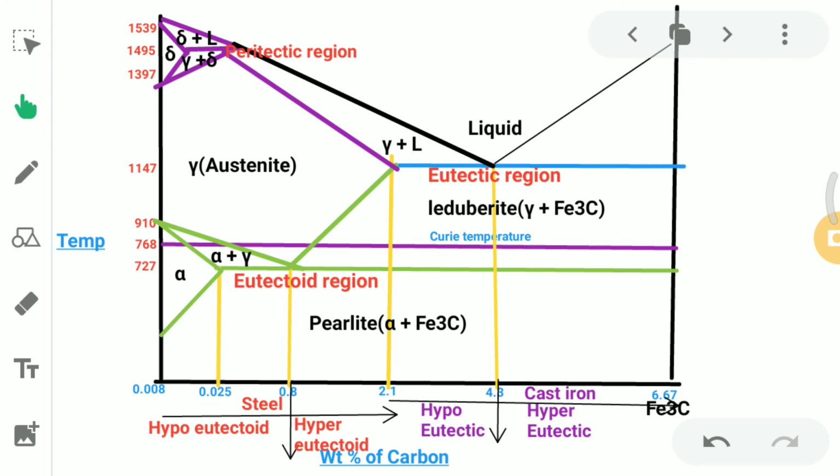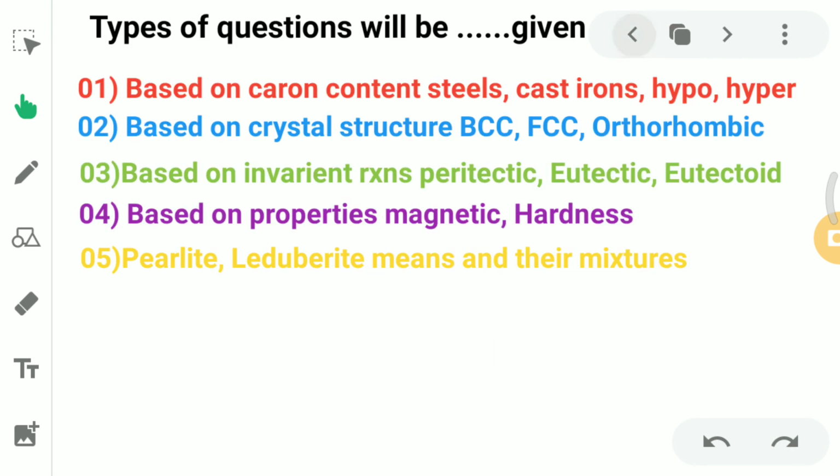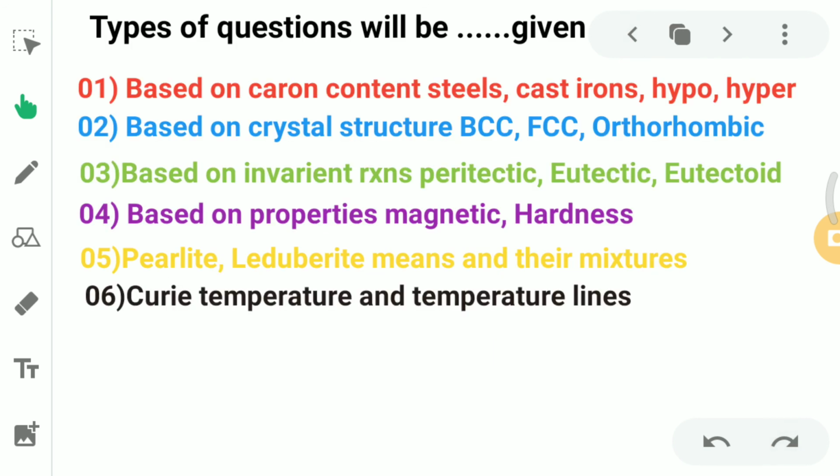For that, watch my previous videos on the lever rule, which are in the numerical calculations of physical metallurgy. And coming to the next question, Curie temperature and Curie temperature lines, those are discussed already, friends.